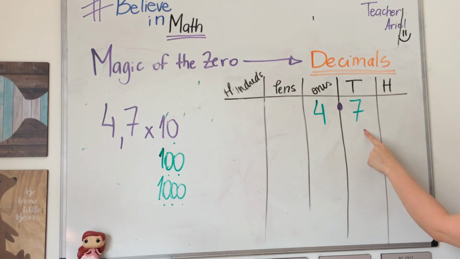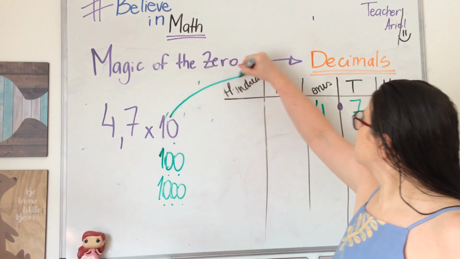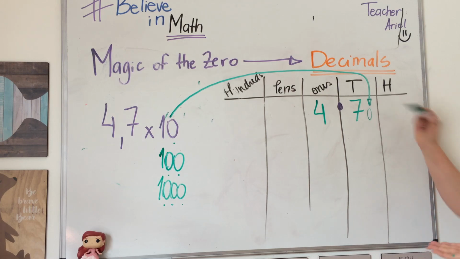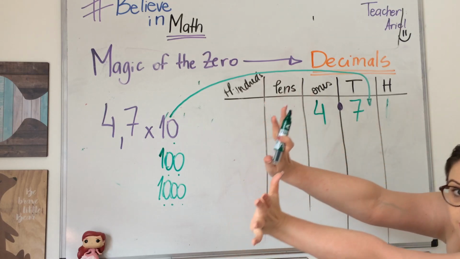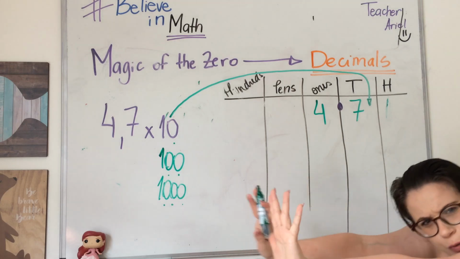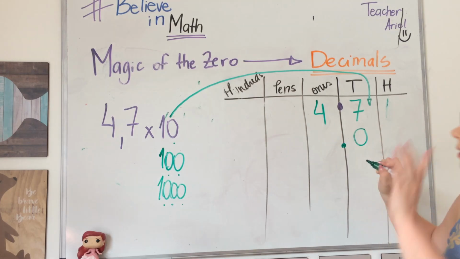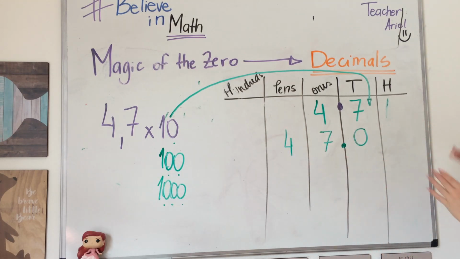The moment that I multiply by 10, this 0 is coming to the place value. But I can't write 70 here, and the 0 cannot come to the hundredths. So this 0 that is coming here is going to push my number forward. Imagine that the 0 is there pushing and pushing. The decimal point is not going to change, and my number is pushing.